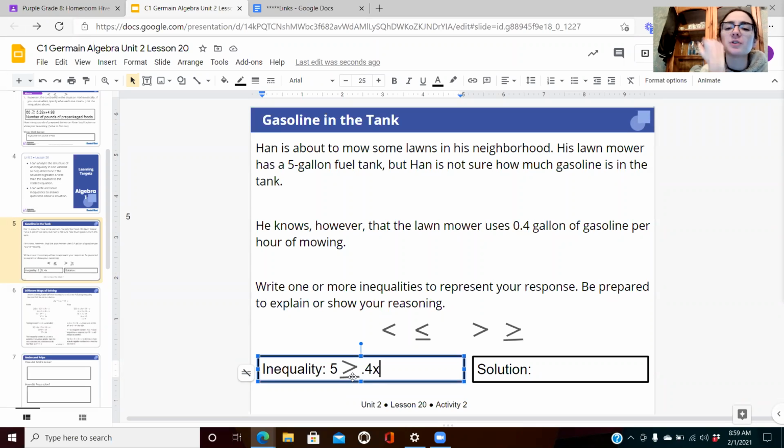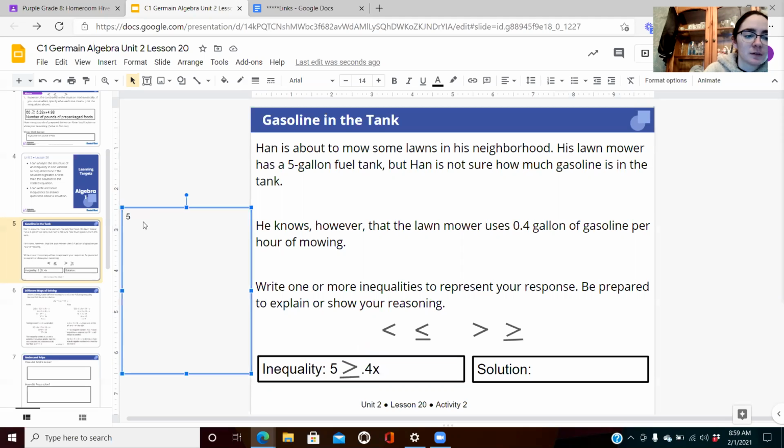What would your variable in this scenario represent? The hours that he mows. Very good. Nice job. Exactly. Perfect. Nice job, Junior. The gas used per hour of mowing. Yes, very good, Peyton. So that x is going to represent the number of hours that he's mowing. Good. And so we're going to say 5 is greater than or equal to 0.4x.